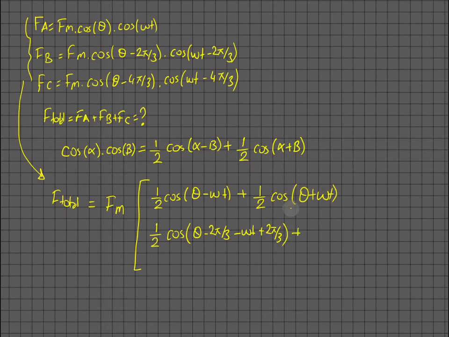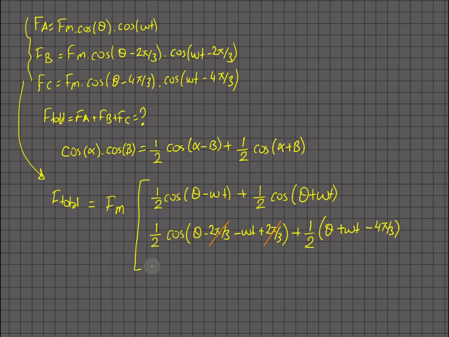Plus 1/2 cosine theta plus omega t minus 2 pi over 3 minus 2 pi over 3, which becomes minus 4 pi over 3. As you can see here, those cancel, so that is theta minus omega t, but here they are added up.